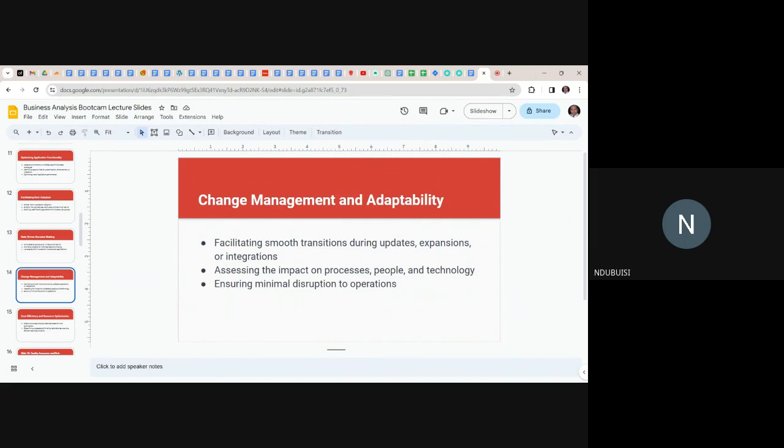But what often lacks is a business analyst who plays a go-between. What they do is they choose one of their staff who plays the role of a business analyst.